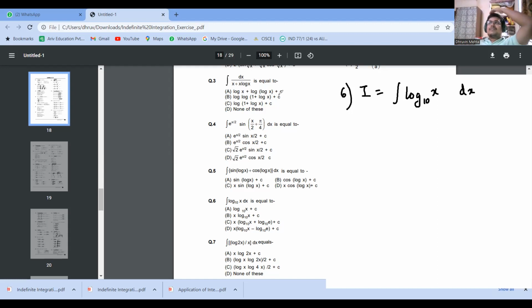So guys, whenever we have integration of either a logarithmic function or an inverse trigonometric function, if we just have sine inverse, cos inverse, tan inverse or log, we don't have a direct formula. So what we do is we write this as into 1 and then we use the UV rule.